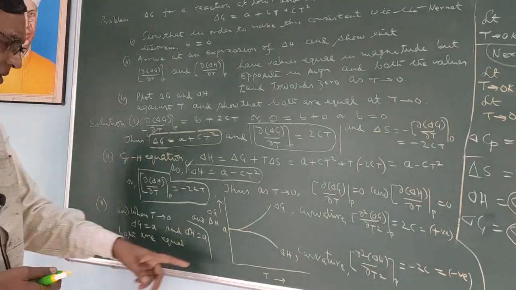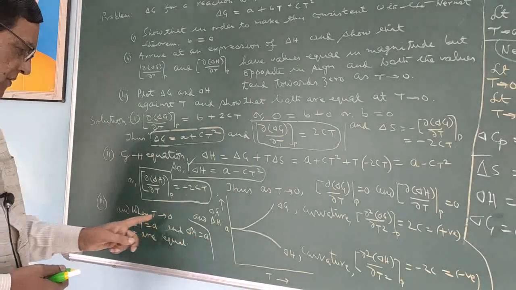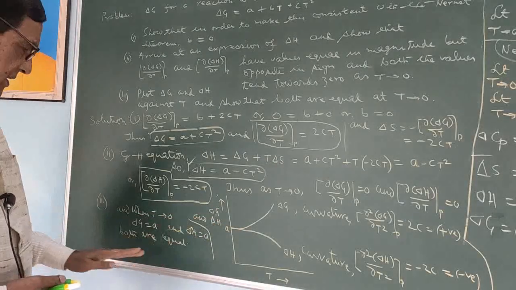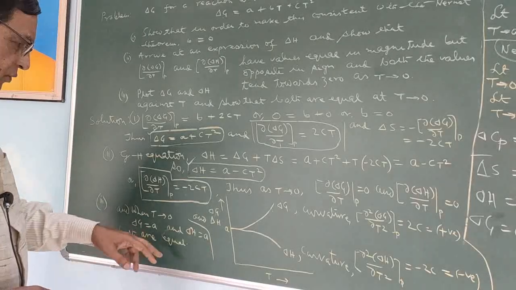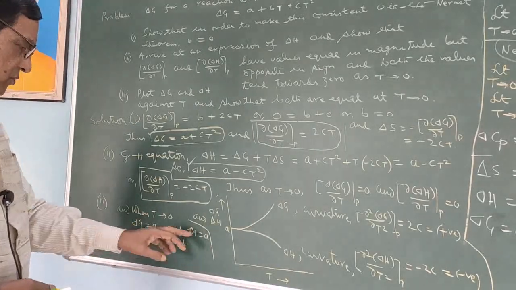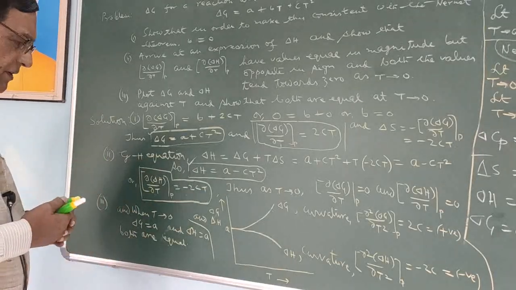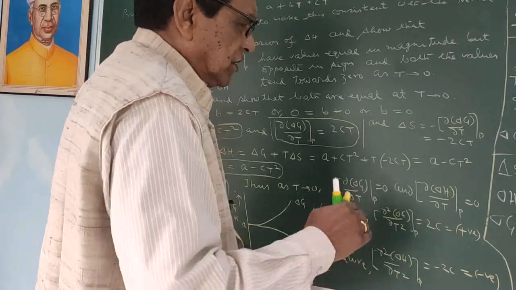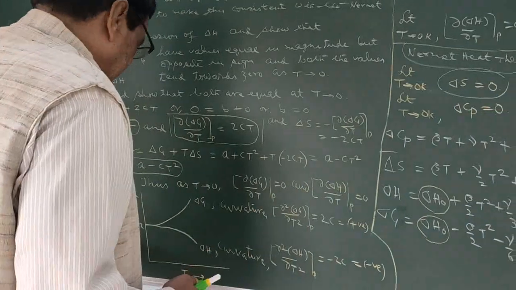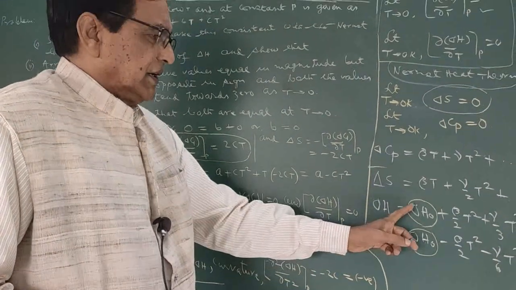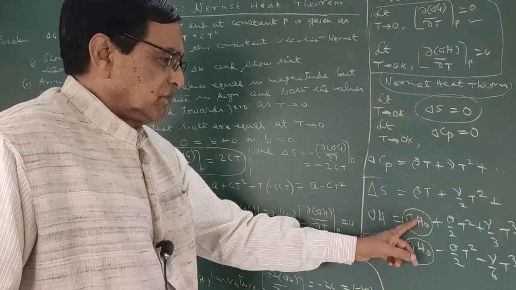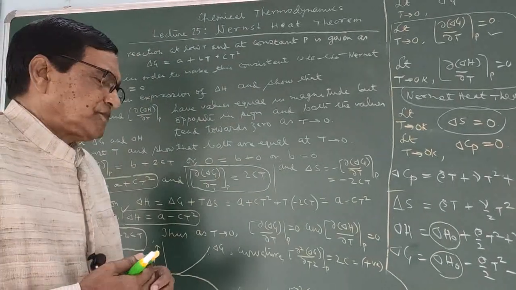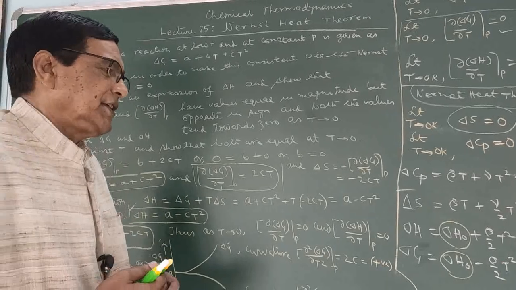And whenever T tends to 0, very low temperature, these two curves are meeting together, and delta G and delta H become equal, and both are equal to A. Each is having this value of A. If we just casually consider these relations, then A actually will give you the value of delta H naught, in both the cases, and delta H naught is equal to the heat of reaction at 0 Kelvin temperature.